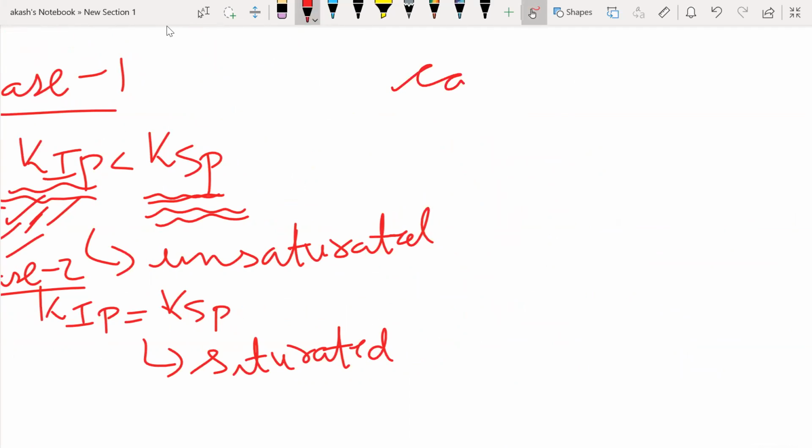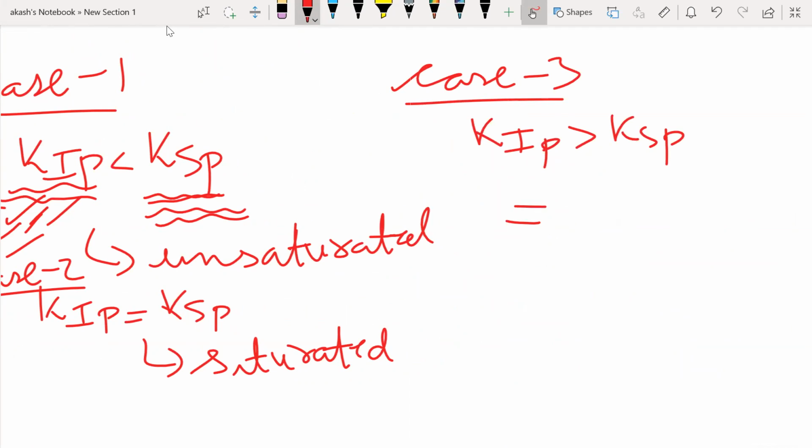Case 3 would be the ionic product is greater than the solubility product. That means you have added more than what is required for saturation.